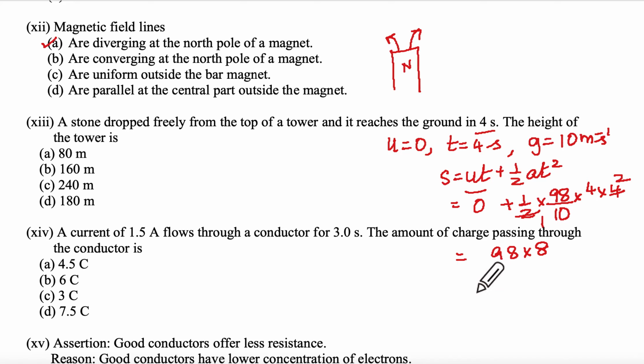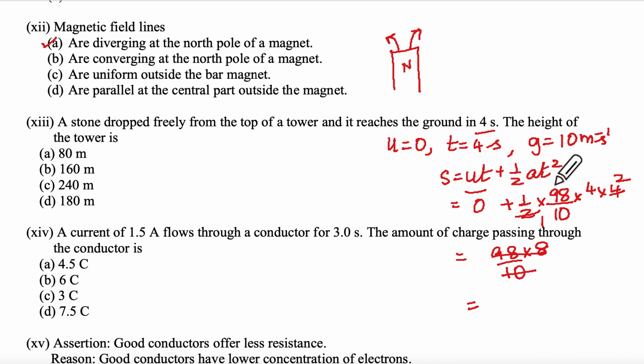Upon 10, if I had to take 10, it will be 98. None of the options are here. From the top of the tower it reaches the ground in 4 seconds. Height of the tower is? Ma'am, we should take G as 10 meters per second squared because we are getting a decimal value here.